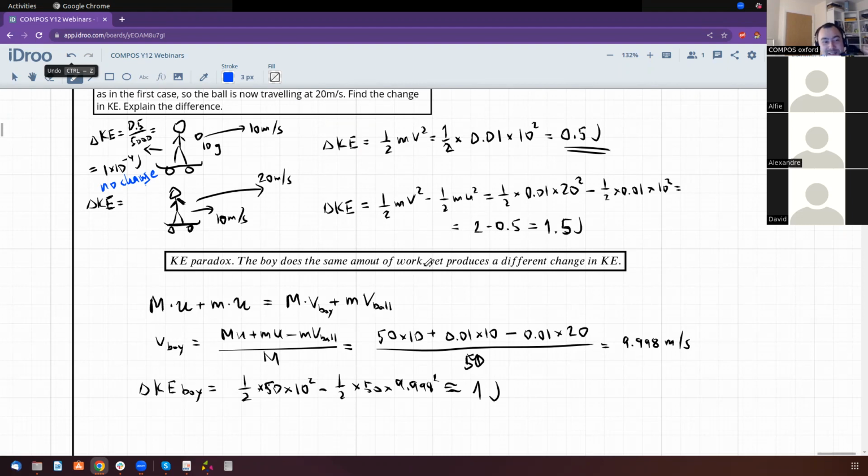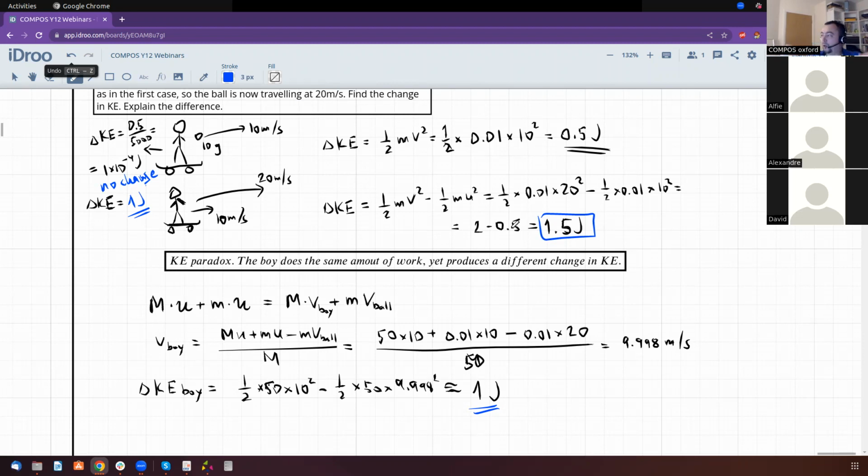But when the buoy is moving, the change in kinetic energy is 1 joule. It's more significant, and this is the extra joule of energy that goes into the ball. So when the buoy is stationary, he throws it, he rolls back, but this kinetic energy is nothing, because there's a tiny change in velocity, tiny change in kinetic energy.